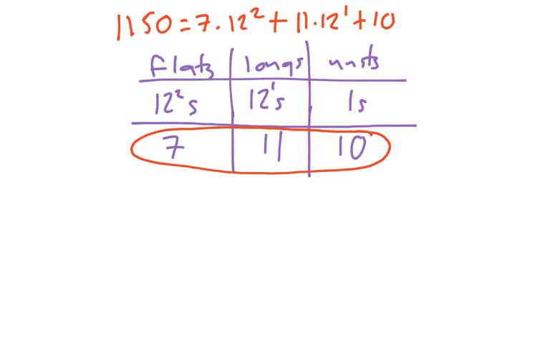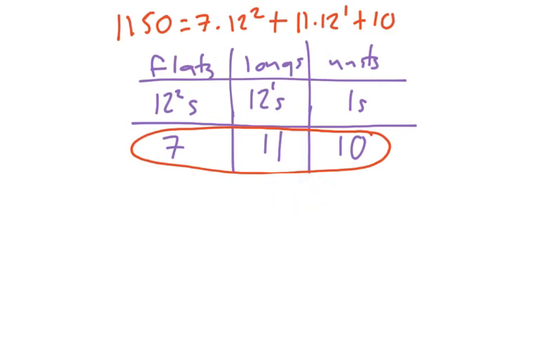If I were to forget this, I might write the number as 7, 11, 10, like that. But if you do that, you realize you've introduced way too many place values. You now have the 1s, 12s, 12 squareds, 12 cubes, 12 to the 4ths, because each digit would be a place value. And that's way different from what the mathematics we got, so that's not right.